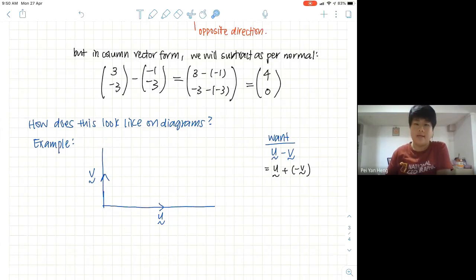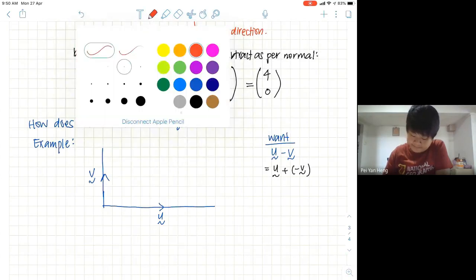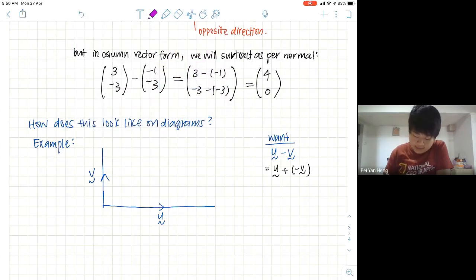So what does a negative vector V look like? Let's use purple. Negative vector V will have the same length, but instead it will be going downwards. This is negative vector V.